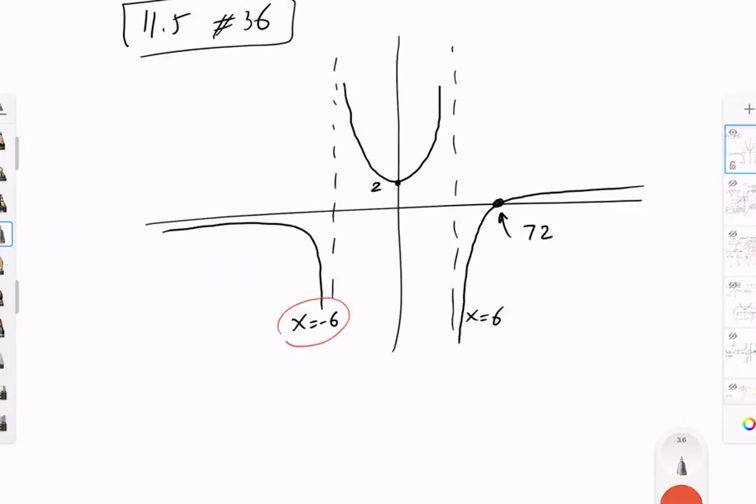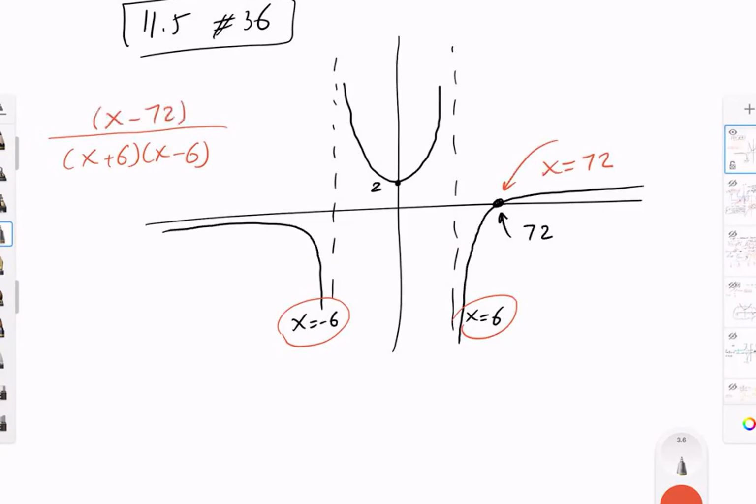So x equal to -6 and x equal to 6 are vertical asymptotes. That means on the denominator we have x plus 6, x minus 6. This point is x equal to 72, so we have x minus 72 on the top. Cool. So we are done, only we need to solve for k.